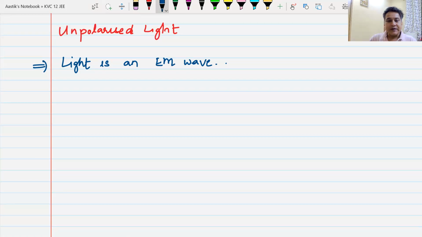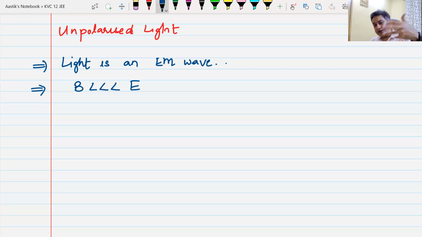But when we talk about polarization of light, though it consists of both electric and magnetic field, we must understand that the magnitude of magnetic field is very, very small. Magnetic field magnitude B is very, very small compared to the electric field E. Here we are talking about the magnitude.